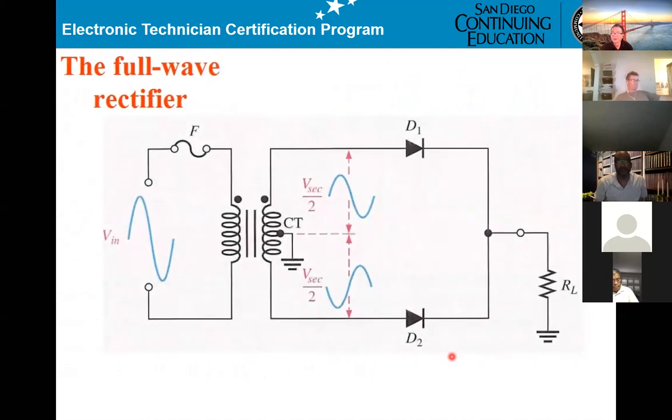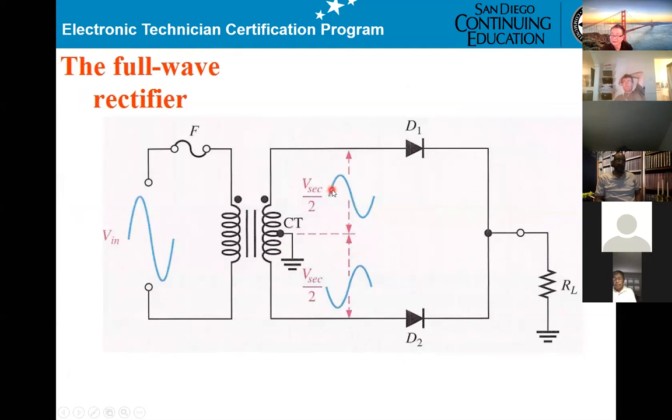Okay, now I try to give you a little more explanation for the full wave rectifier using the center tap transformer. Now you get a sideways primary here. When they go to the output, they divide by 2.